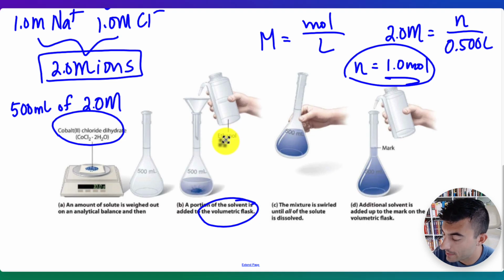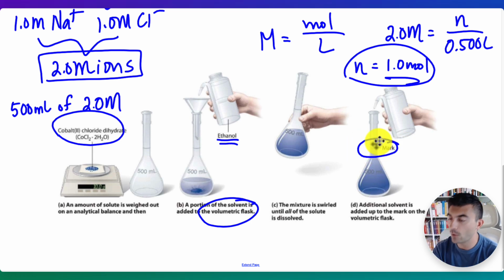In this case, they're not making an aqueous solution. They're making a solution where the solvent's ethanol. We add a little bit of solvent to make sure that all the solute dissolves. And then once we have ensured that all the solute has dissolved, we can add the remaining solvent up to the calibration mark that indicates the one volume that the flask reads.